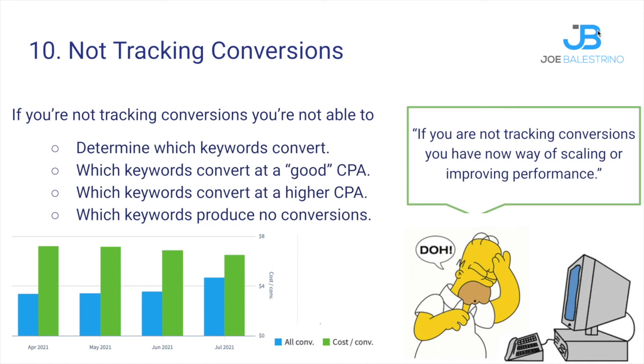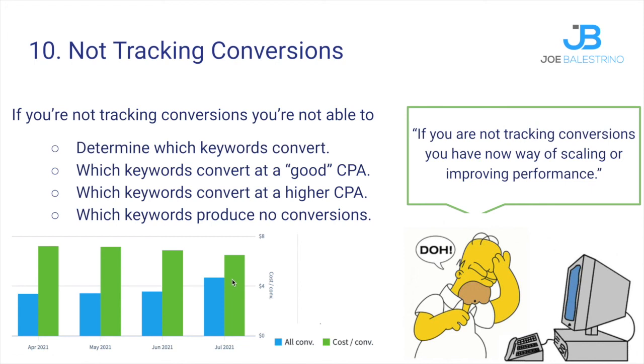When you track all the metrics, if you see this graph down here at the bottom, this client, when I took them over, was tracking everything: phone calls, form conversions. So it was really easy for me to go in, and over time you can see that the conversions slowly increased, while the cost per conversion started to decrease.